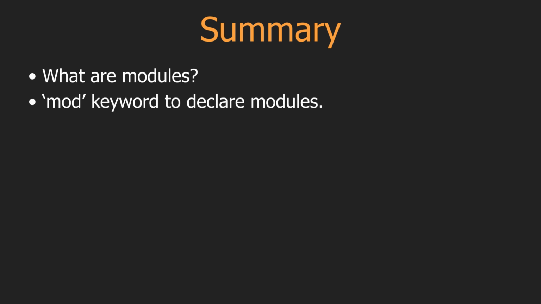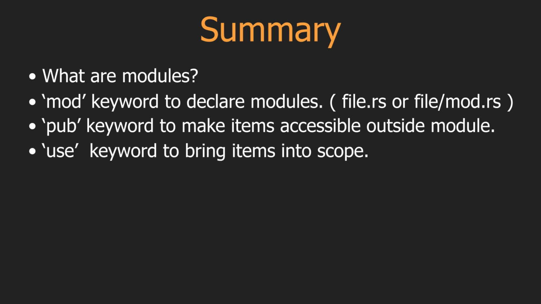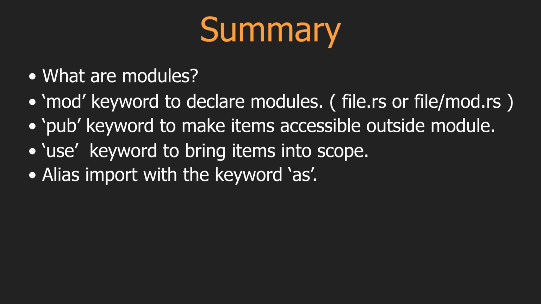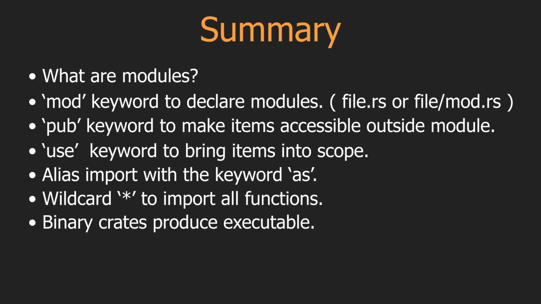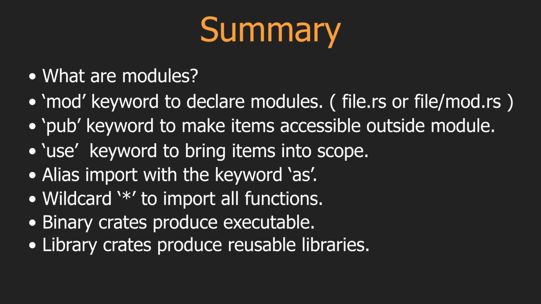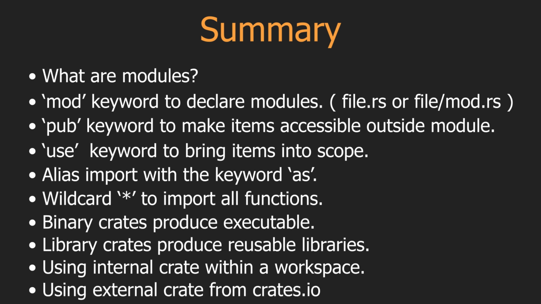So to summarize, we learned what are modules, mod keyword to declare a module, and Rust will look for a file or folder matching that name. Pub keyword to make items accessible outside module, use keyword to bring items into scope, alias by using the keyword as, wildcard to import all, binary crates produce executable, library crate produce reusable libraries, use internal crate within a workspace, use external crate from crates.io.